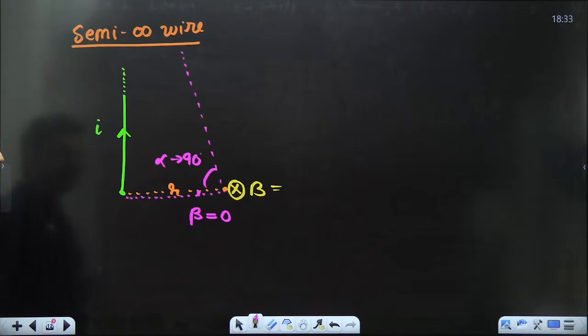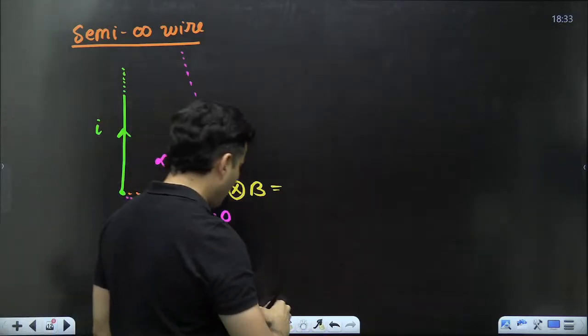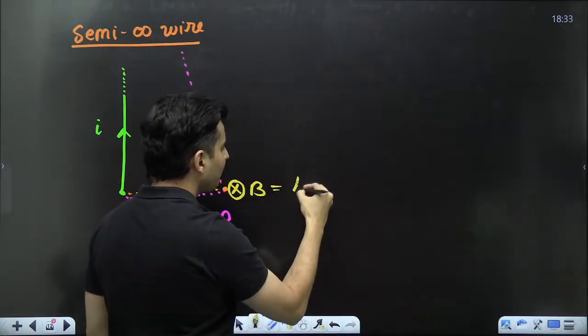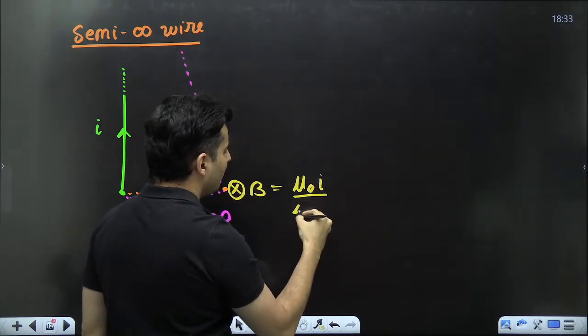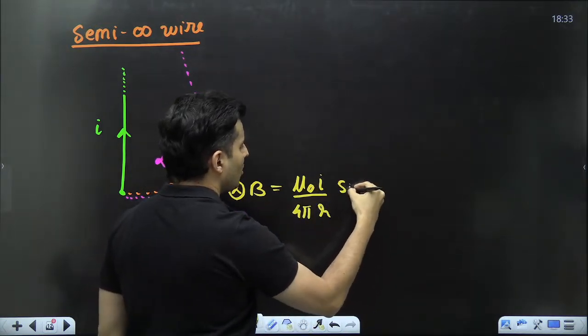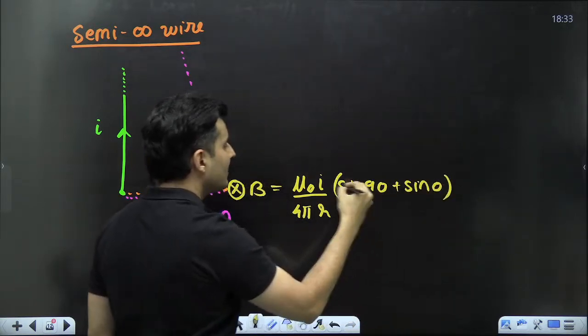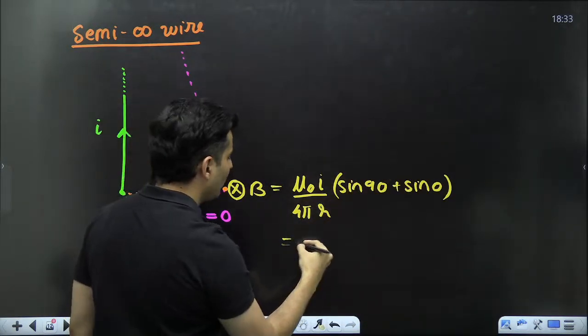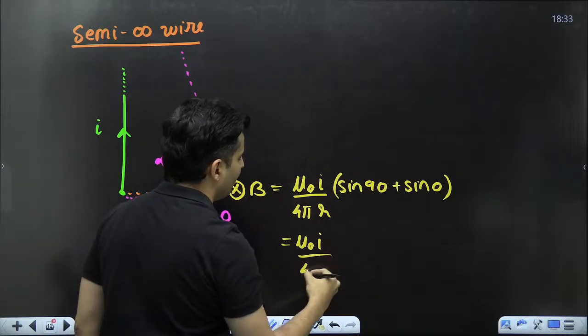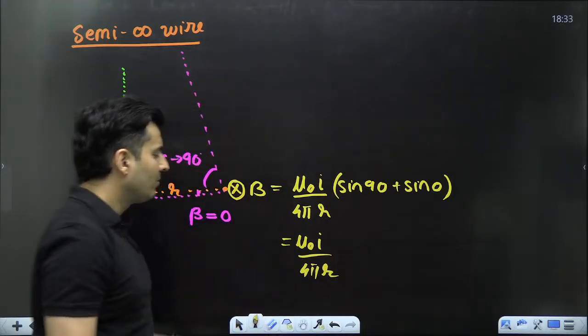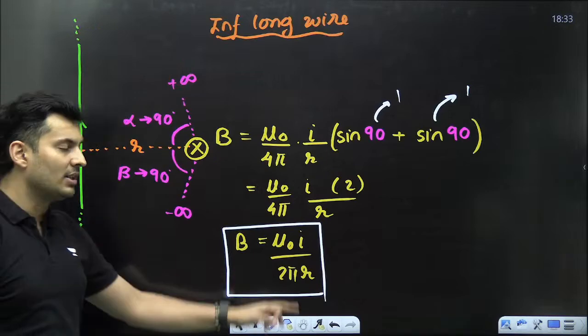So hence beta is basically 0 here, and the magnetic field will be given by mu naught I by 4 pi r. Here you have sine 90 plus sine of 0. Sine 0 is 0, sine 90 is 1. So it will just become mu naught I by 4 pi r. Basically this one is half of this.